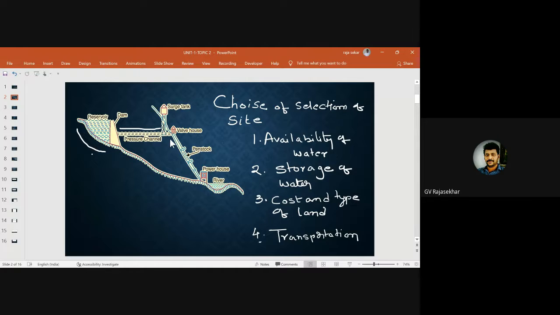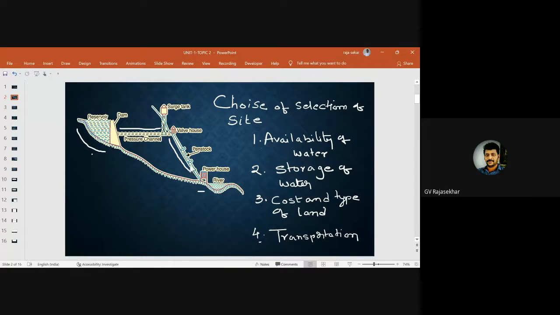Like this. So this is the flow of water from the dam to the powerhouse. This is your powerhouse, and to this powerhouse you are sending water from the dam. While sending water from the dam to this powerhouse, there is some equipment we need.